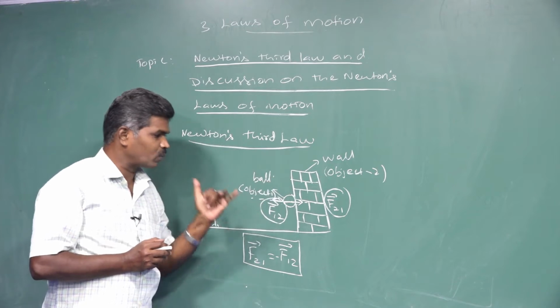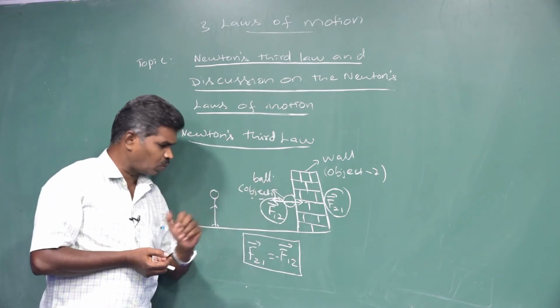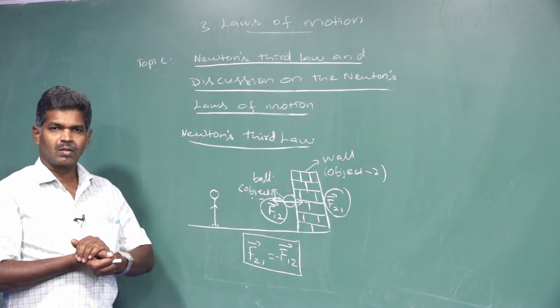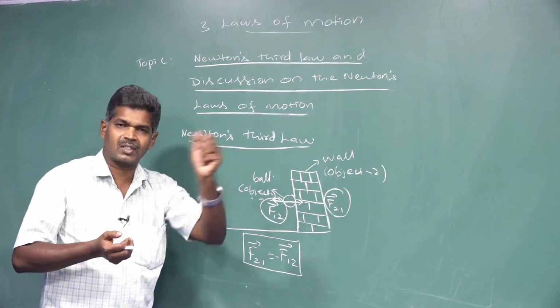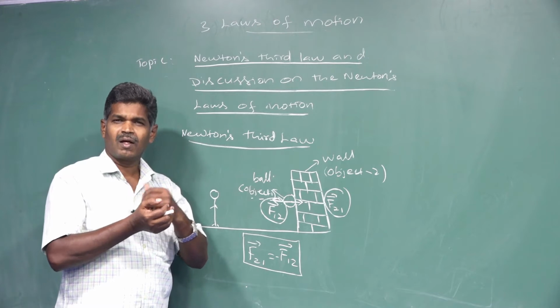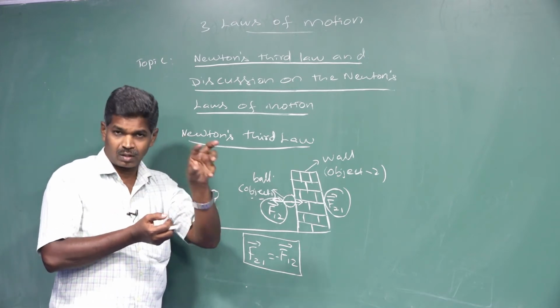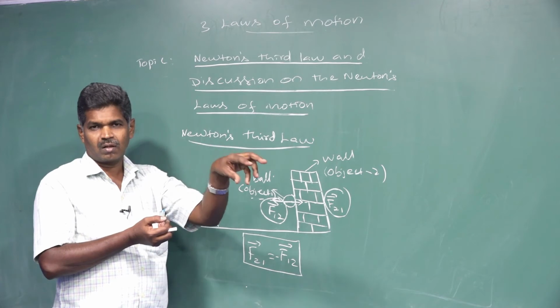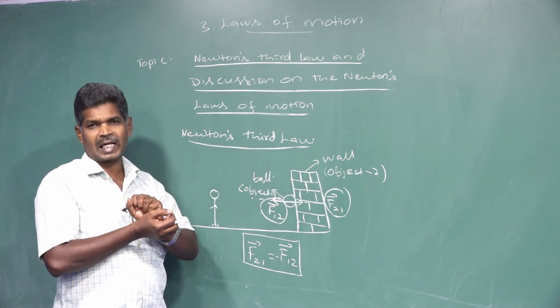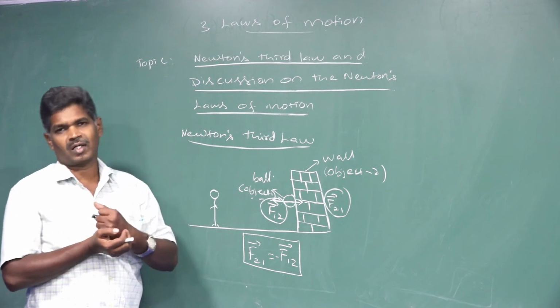Equal and opposite forces are acting. So of these two forces, the ball's force may be taken as action and the wall's force as reaction. It is not necessary to take the ball's force as action and the wall's force as reaction. Either one is action, and the other one is the reaction.